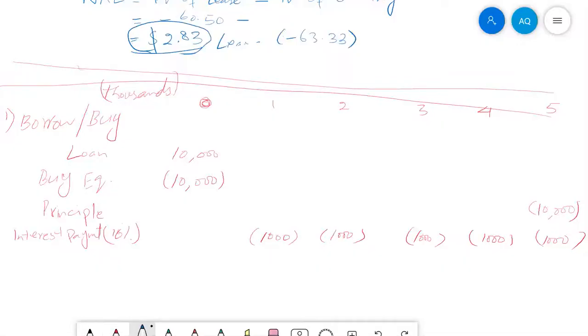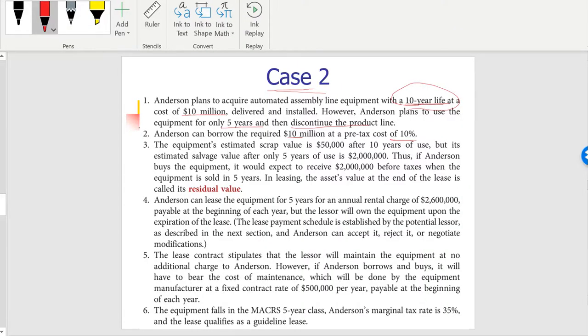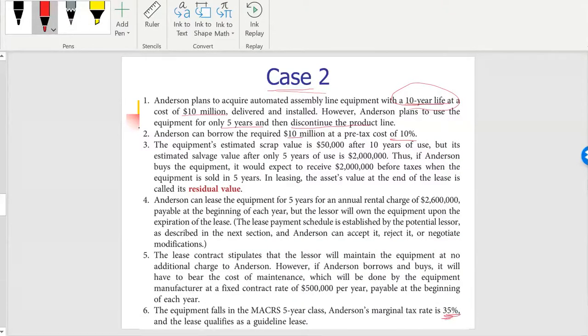Here we are paying some interest, so as per the capital structure decisions, we should make some tax saving due to debt, and that tax saving will depend on our tax rate. So here at point number 6, the tax rate is 35%.